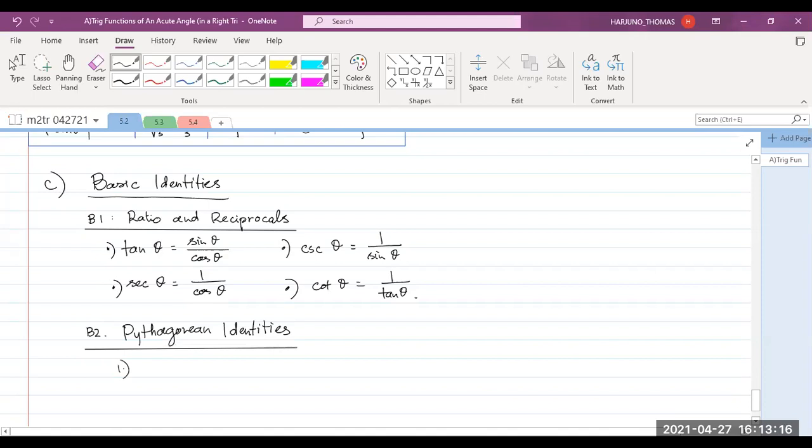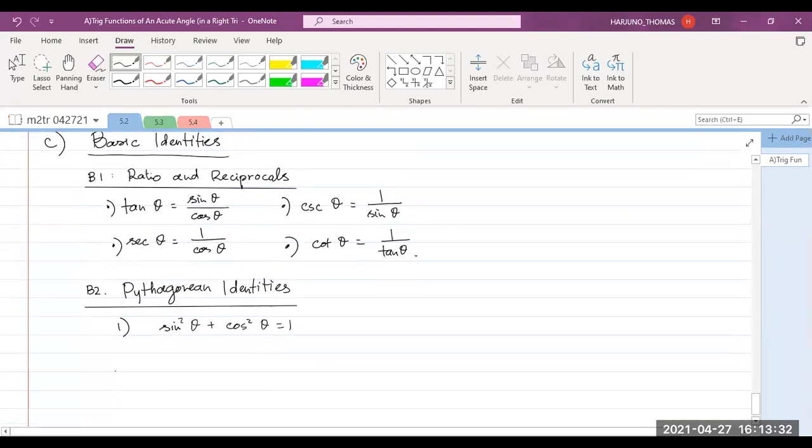Okay, so B1 is about ratio and reciprocals. Okay, B2 is Pythagorean identities. The first one is sine squared theta plus cosine squared theta equals to 1. The second, tangent squared theta plus 1 is equals to secant squared theta.